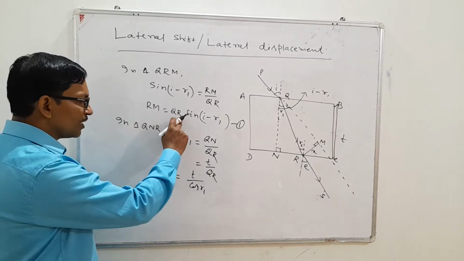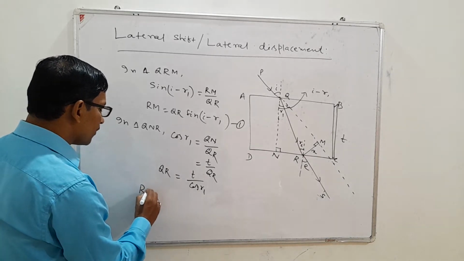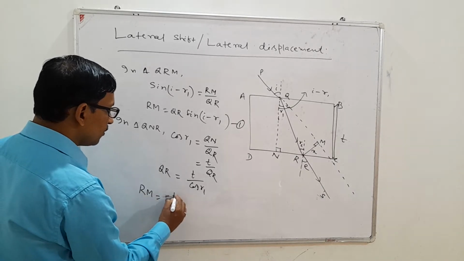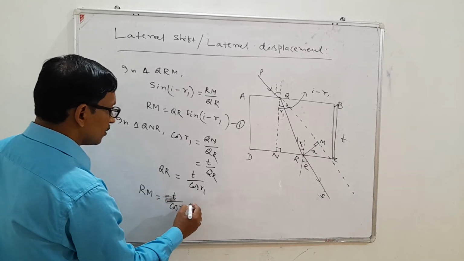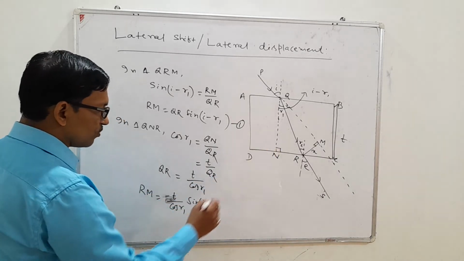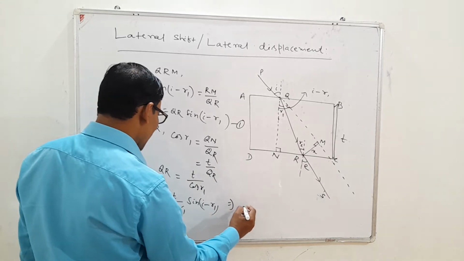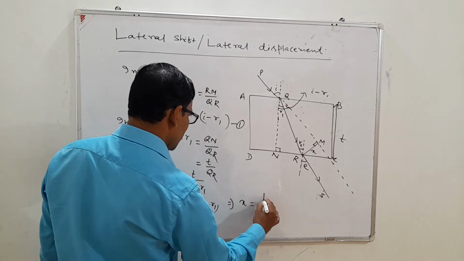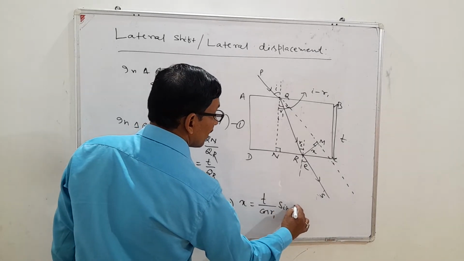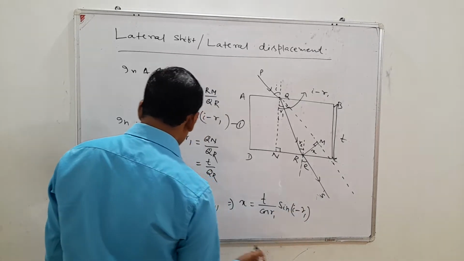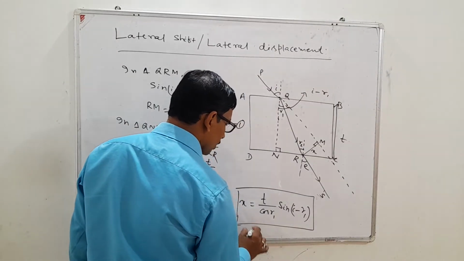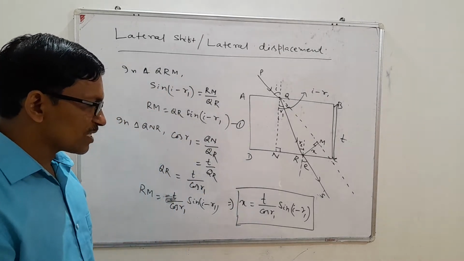Putting the value of QR in equation 1, RM is equal to t by cos R1 into sin (I minus R1). RM is nothing but the lateral displacement. So this implies X is equal to t by cos R1 into sin (I minus R1). This is one of the expressions for lateral shift or lateral displacement.